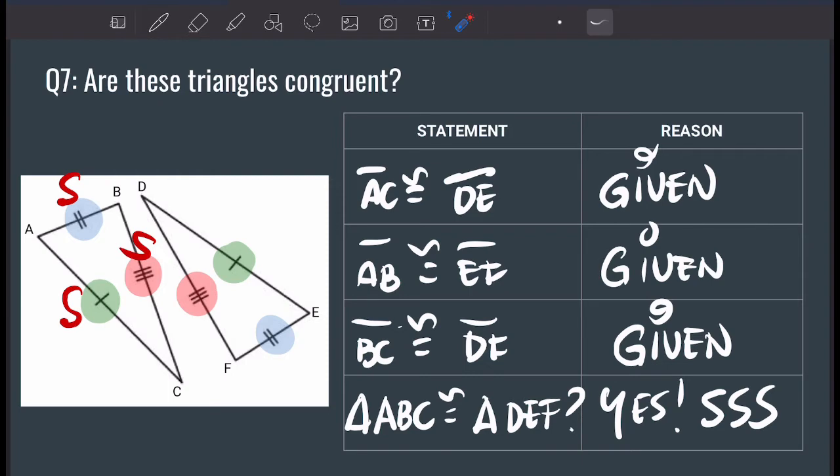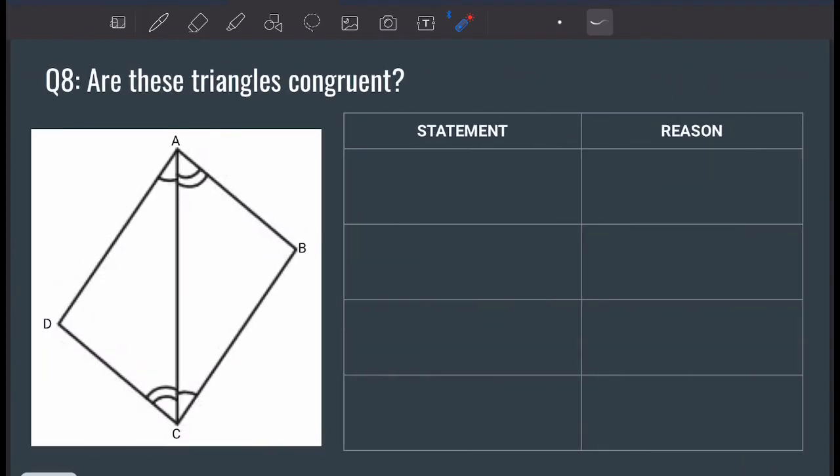Okay, let's go to question 8. Okay, let's see what is given. One stroke and one stroke, so that means those two angles are congruent, okay? Two strokes, okay? That means they are congruent. So let's make our statements. Angle DAC.